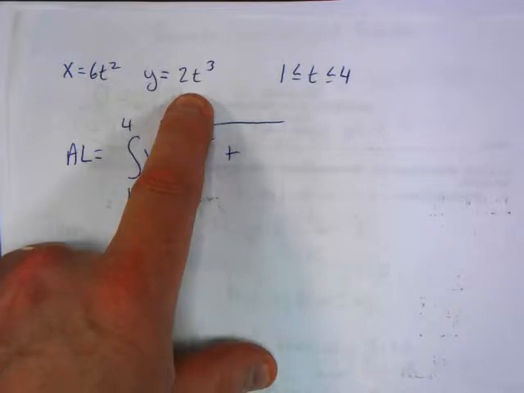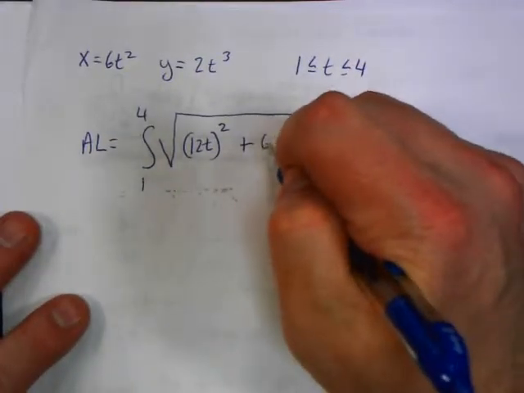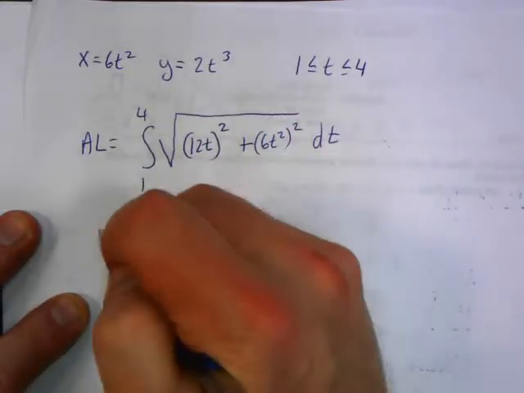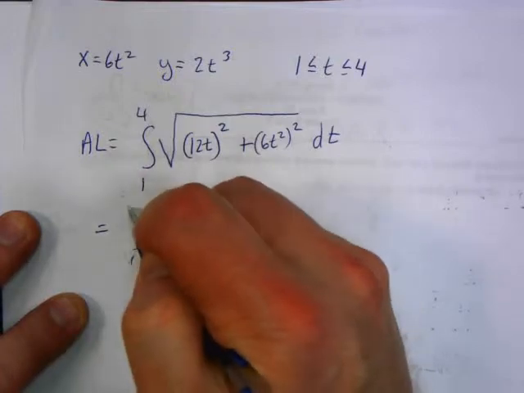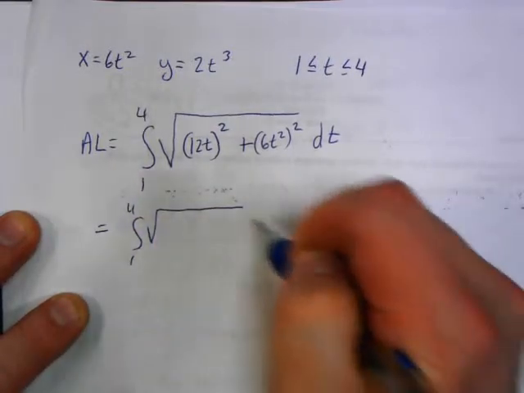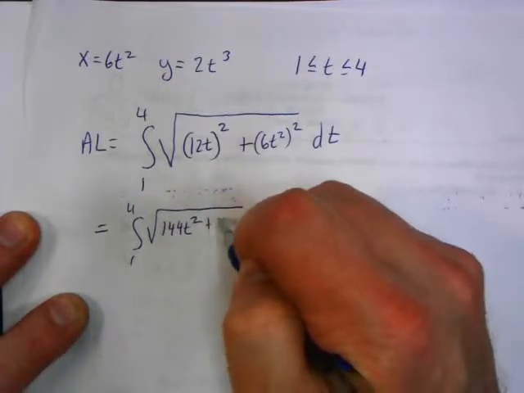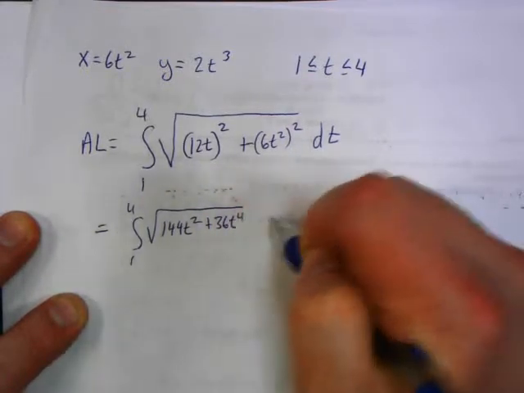What's the derivative of 2t cubed? 6t squared. Square that, dt. So that's the integral from 1 to 4 of the square root of 144t squared plus 36t to the 4th, dt.